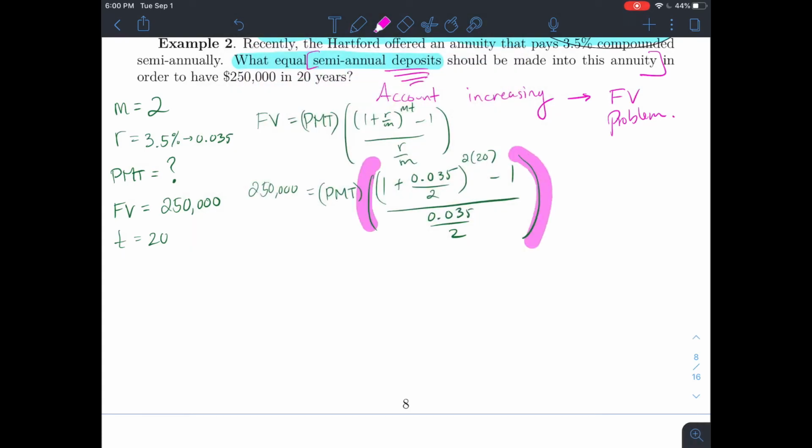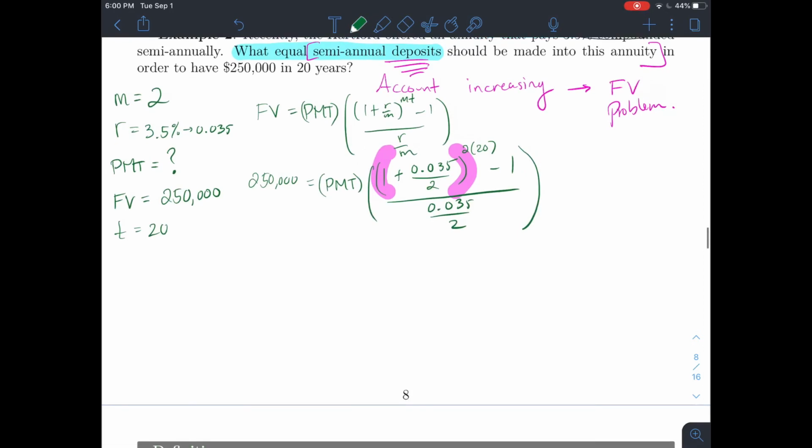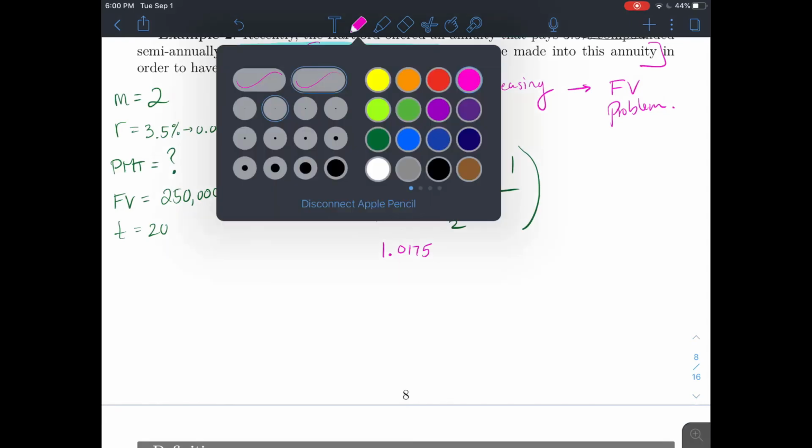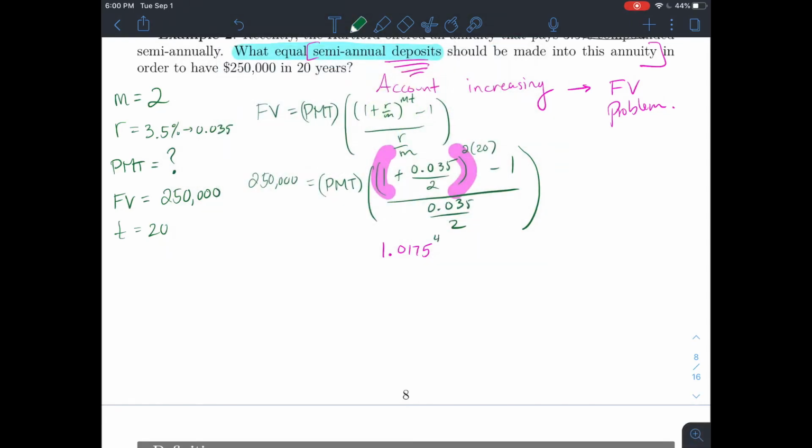So here's one set of parentheses. I see a parentheses inside of the parentheses, so work with the innermost set of parentheses, which are these. When we punch this part into our calculator, 1 plus 0.035 divided by 2, that gets us 1.0175, and it's going to be raised to the 2 times 20, or simply we can write that as raised to the 40.